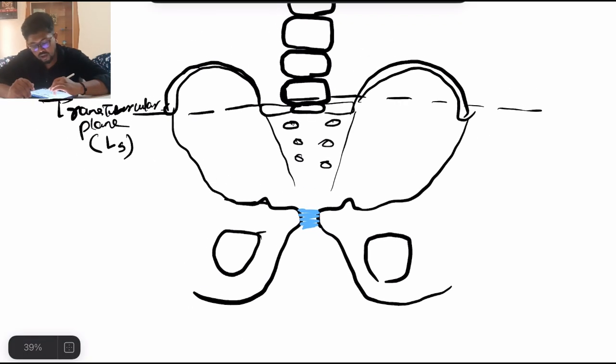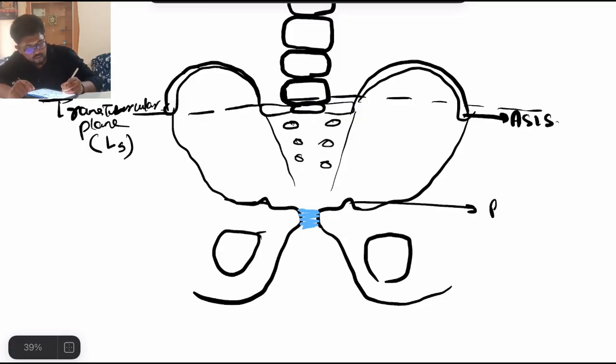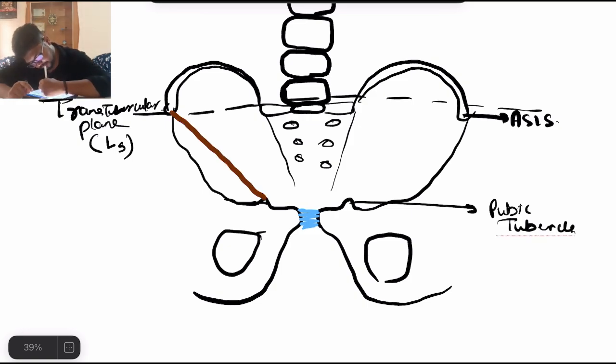Now we are going to make one ligament passing from the anterior superior iliac spine till the pubic tubercle. So what ligament is this? This is the inguinal ligament.